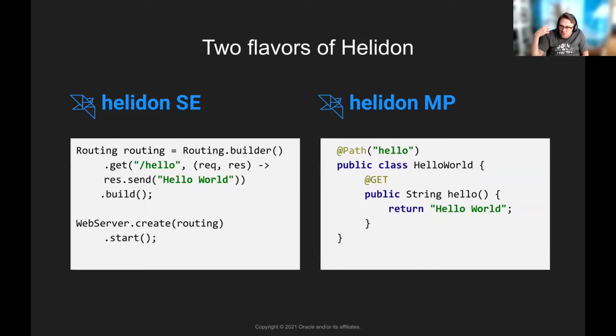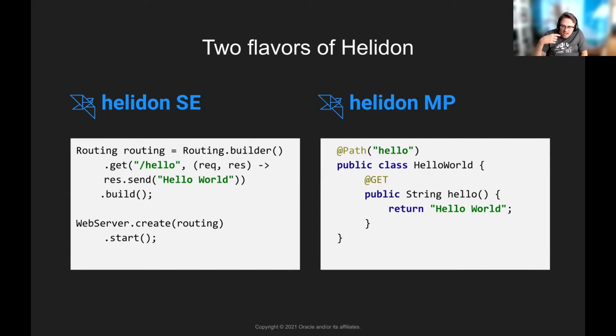If we take a look at the code itself, the MicroProfile code is typical of Jakarta EE style. That means we have annotations. For Helidon SE, it's different because it's pure Java.